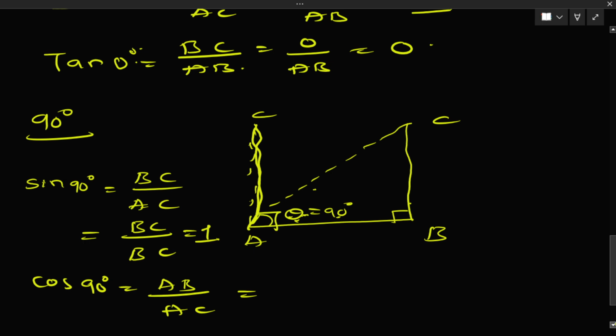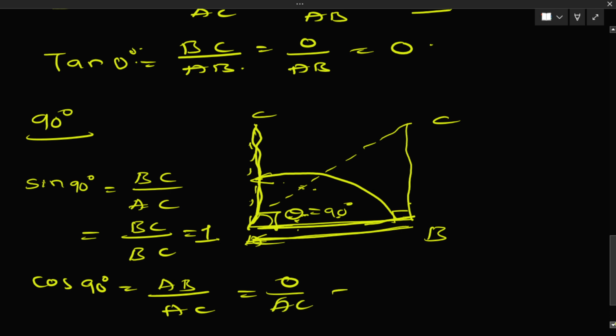If theta is equal to 90 degrees, this AC and AB must also coincide. When AB comes to this side and its length becomes 0, then only 90 degrees forms. So AC is 0.